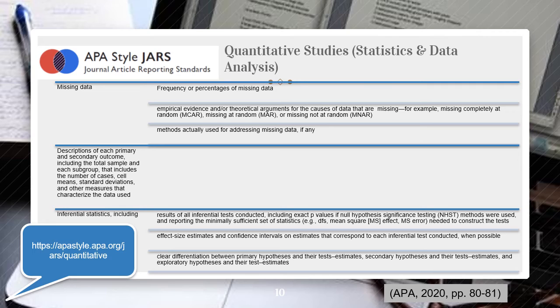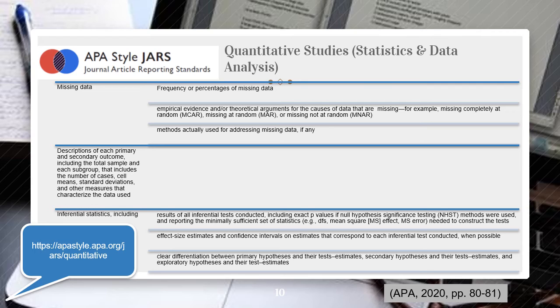So if you used imputation, if you used list-wise deletion, you'll provide a rationale in your results section, not just for how the data were missing, but how you treated the missing data.